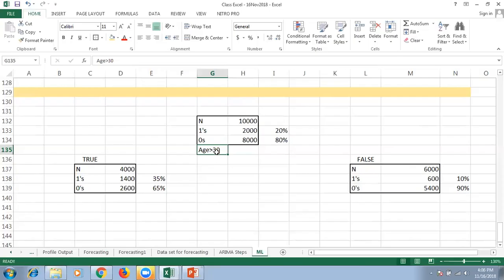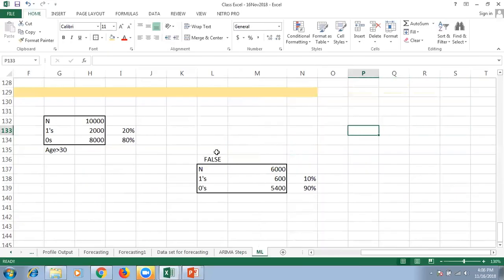Suppose if age is greater than 30, I get a chi-square of, for example, 300. Assuming that, if age is greater than 35, I'm getting 355.